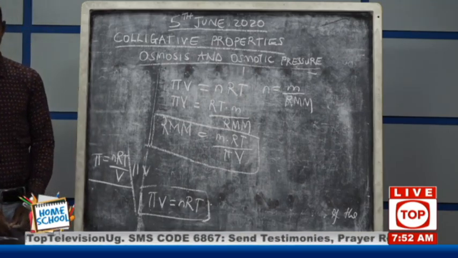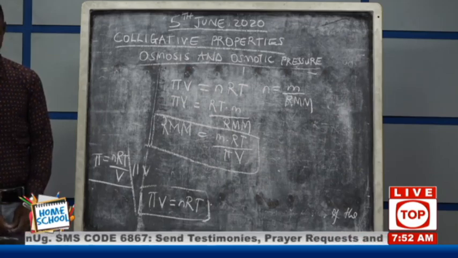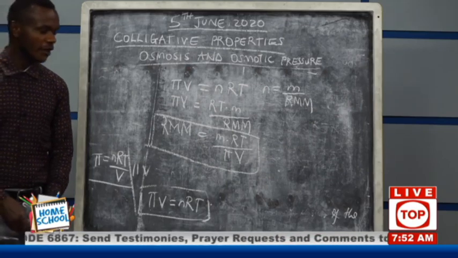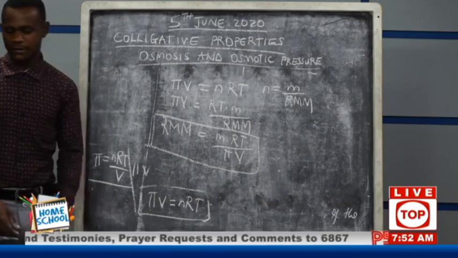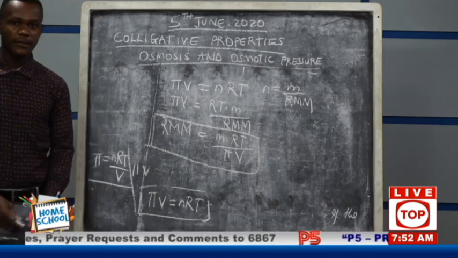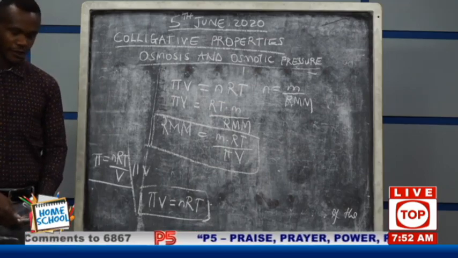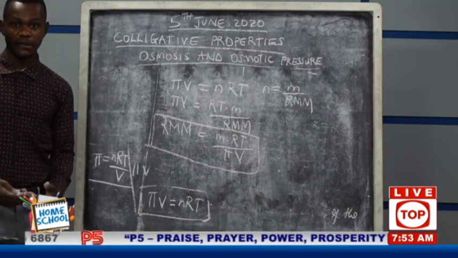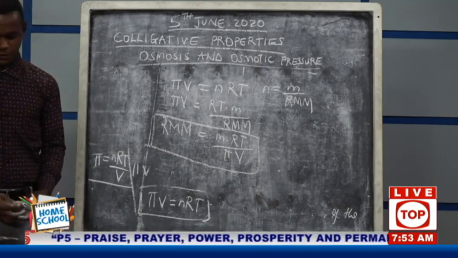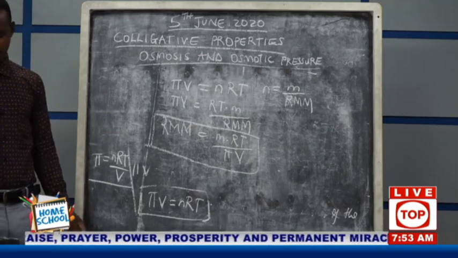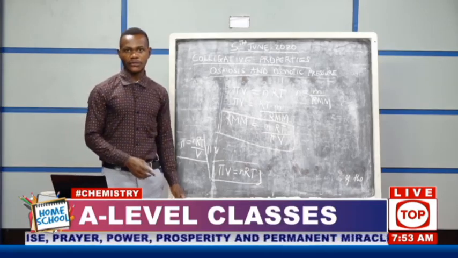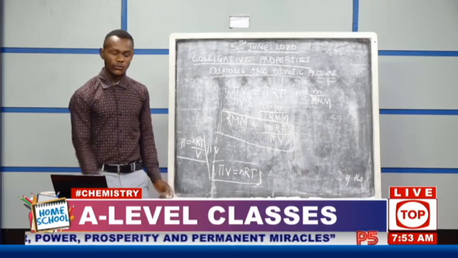Can note it, 1 decimeter cubed. That means that one will convert to meters, and you get 10 power negative 3 meters cubed, okay? So once you have all that, you'll be able to get the right answer, okay?